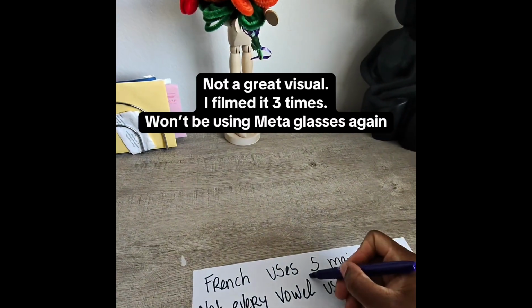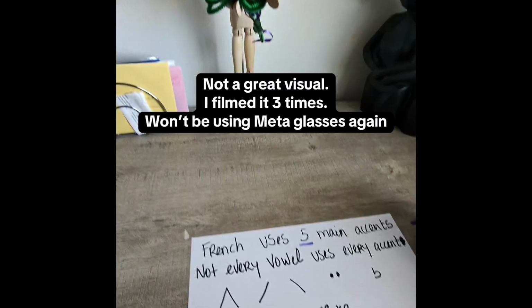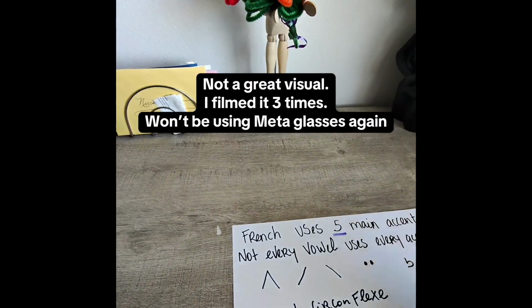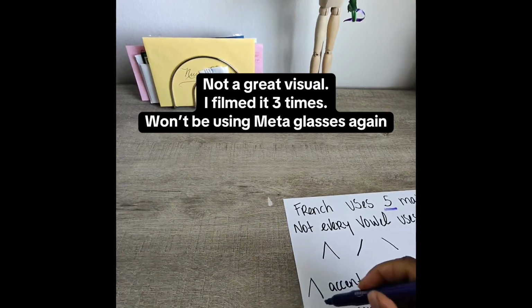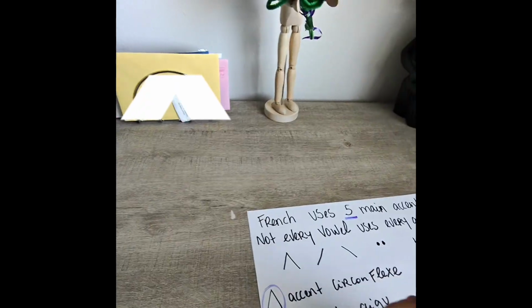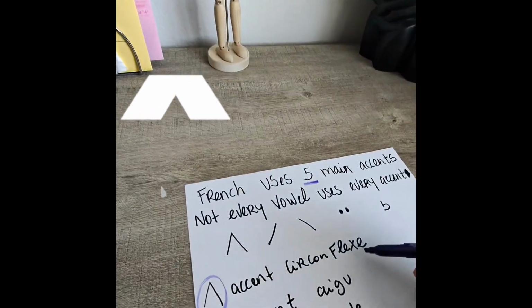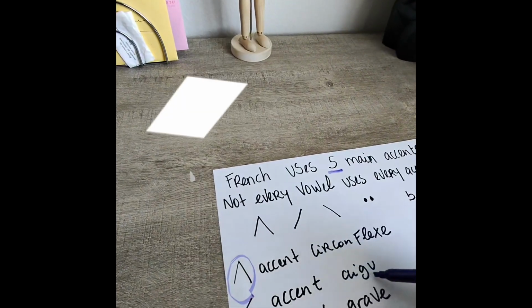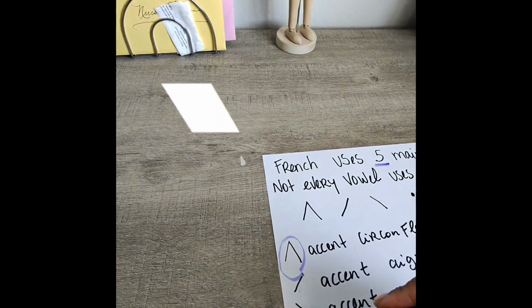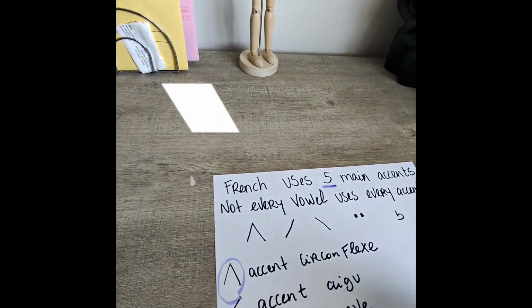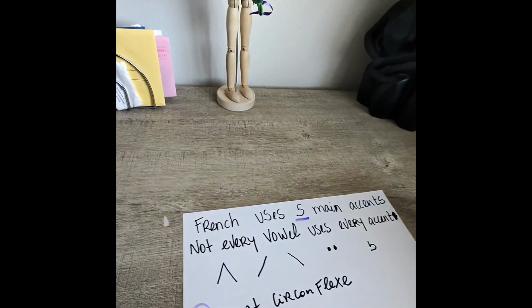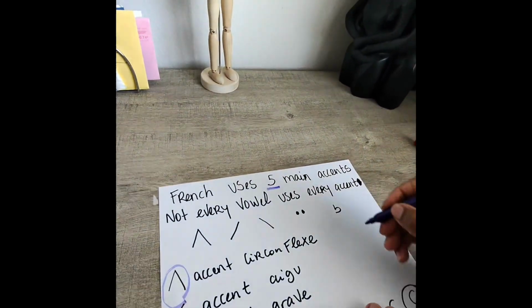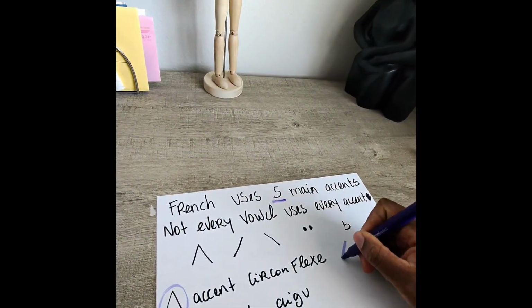French uses 5 main accents. The accents that we have are this one here that we call accent circonflexe. This one is accent aigu, and this one is accent grave. How do we know which one is which and how to write them? Well, we start with the little roof here.